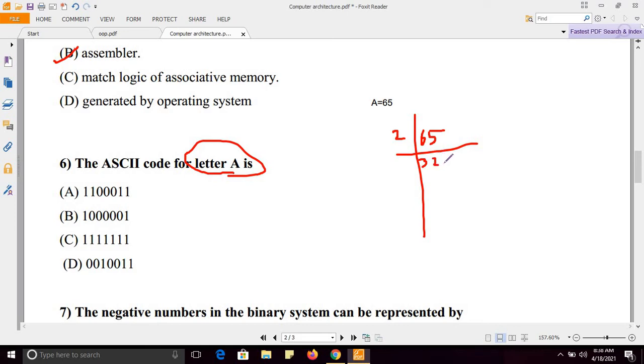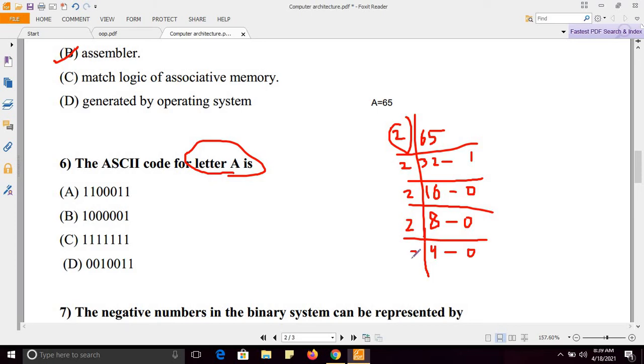We are converting it into binary, that's why I am dividing by 2. 65 divided by 2 gives 32 remainder 1, then 16 remainder 0, 8 remainder 0, 4 remainder 0, 2 remainder 0, and 1 remainder 0.